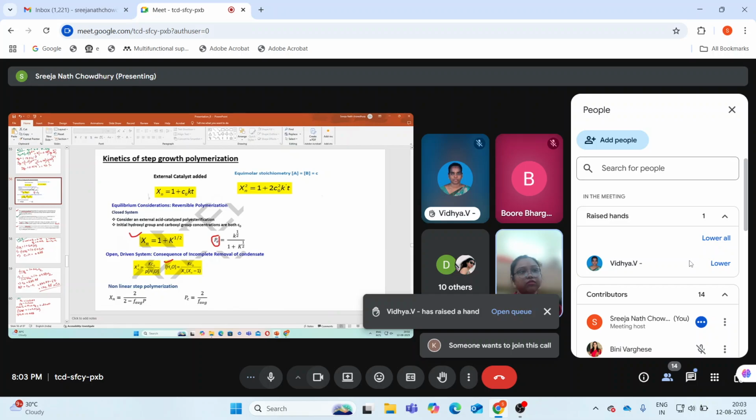Can you tell me please question number 9 then? The amount of benzoic acid that should be added with a mixture of 2 mole adipic acid, 1 mole hexamethyl diamine to produce nylon at 99.5% conversion. Yes, benzoic acid is your chain stopper for the termination.